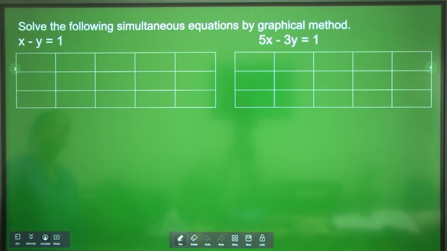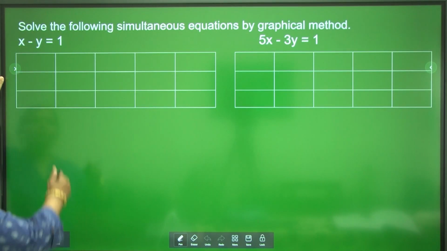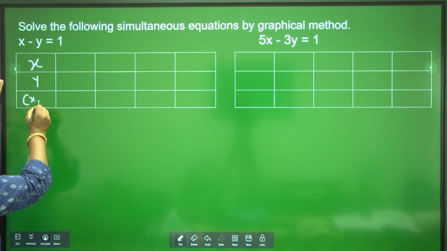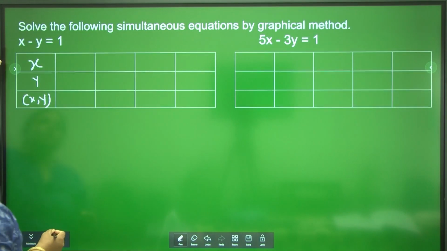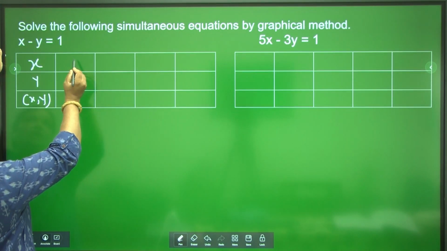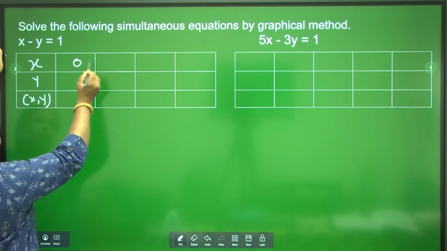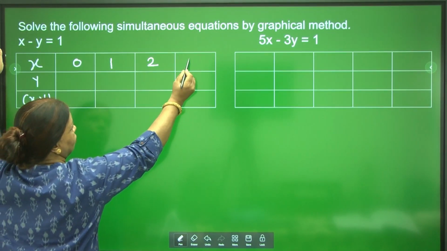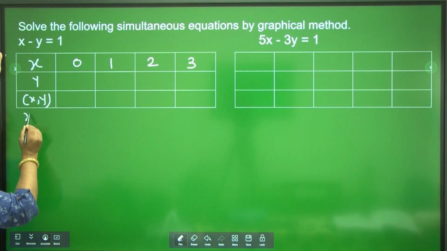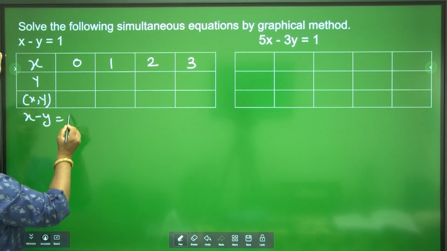Okay. Now we have to solve the equation graphically: x minus y is equal to 1. Let us write here the x value, y value and the x comma y coordinate. So let us take any values. Say I am taking x as 0, 1, 2 and 3; what will be my y value? Let me write x minus y is equal to 1.